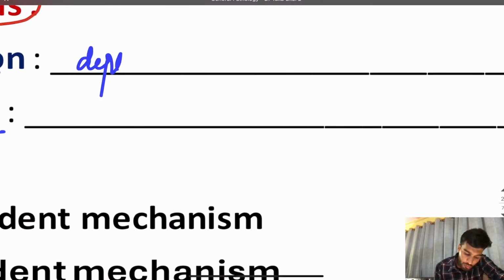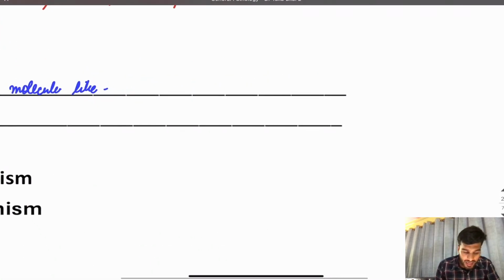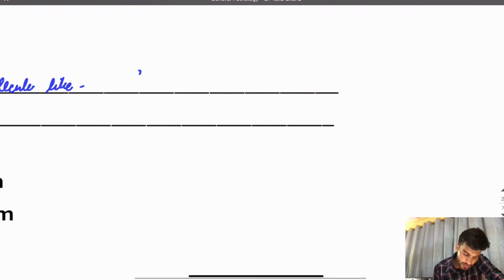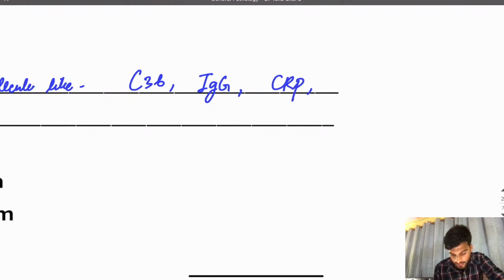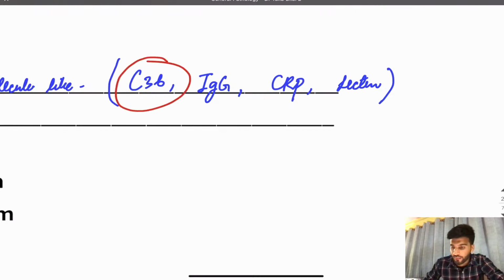It depends on molecules like C3b, IgG, C-reactive protein, and lectin. The most potent opsonin, guys, is C3b.